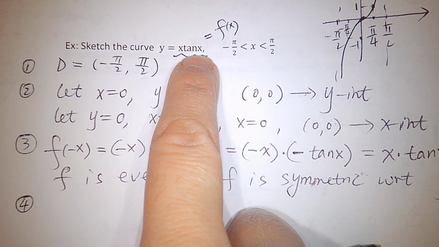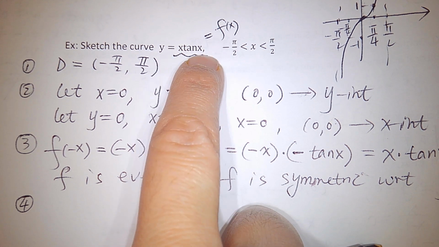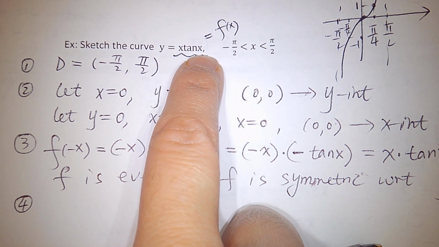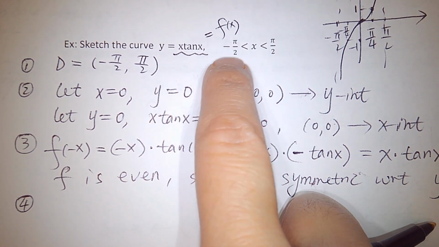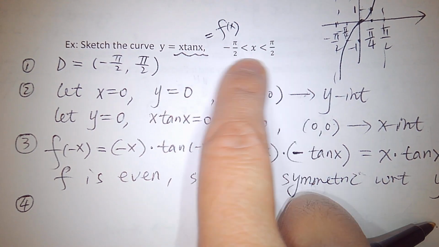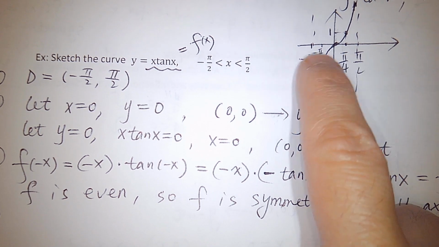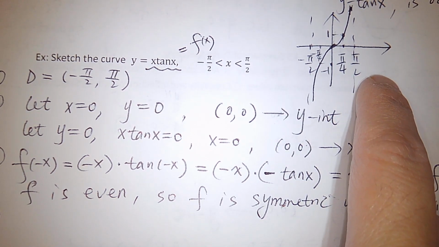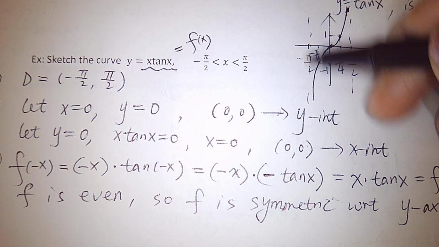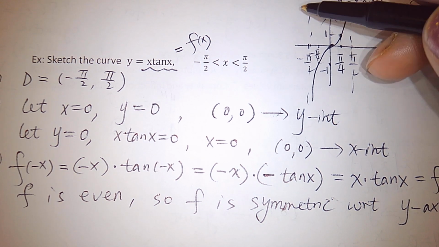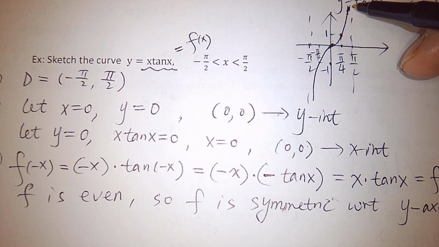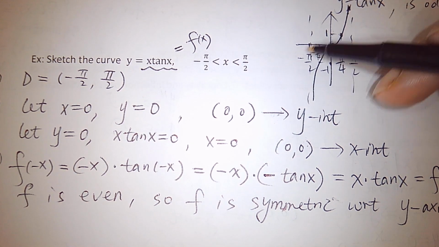x times tangent of x. Do we have a fraction here? No. So that means when x is between negative pi over 2 and pi over 2, there's no vertical asymptote in between. However, the two vertical lines x equals negative pi over 2 and x equals pi over 2 may be our vertical asymptotes.